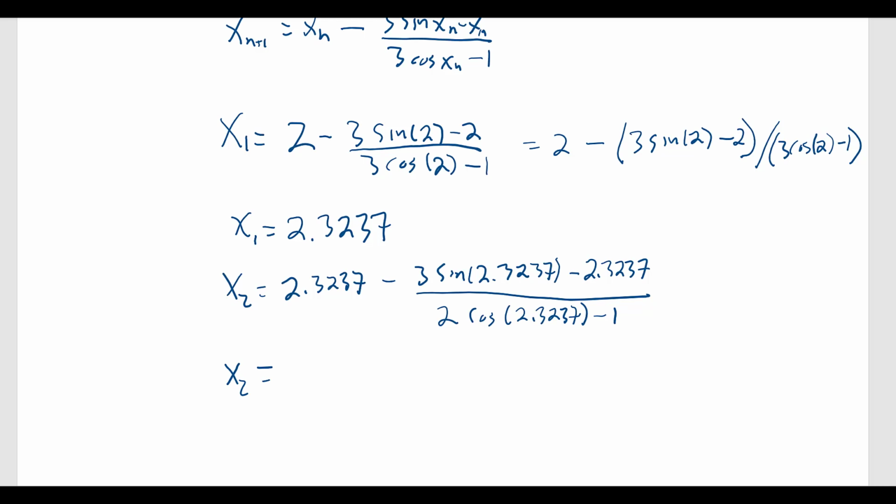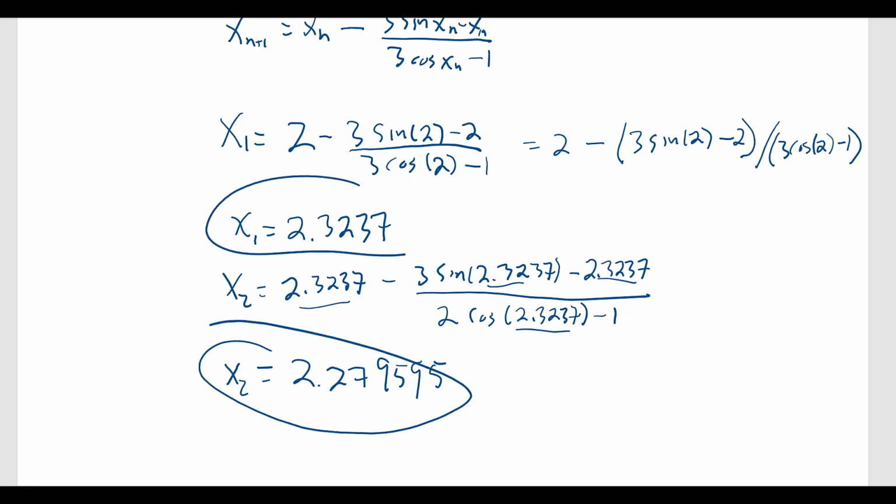I'm using a TI-84, and I did not actually retype these values. When I got to that point, I went up, highlighted, and input the output from the previous line so that it had all the digits, even more than the display shows. With that, I ended up with 2.279595 if I round off to that many places. So that's the other answer.